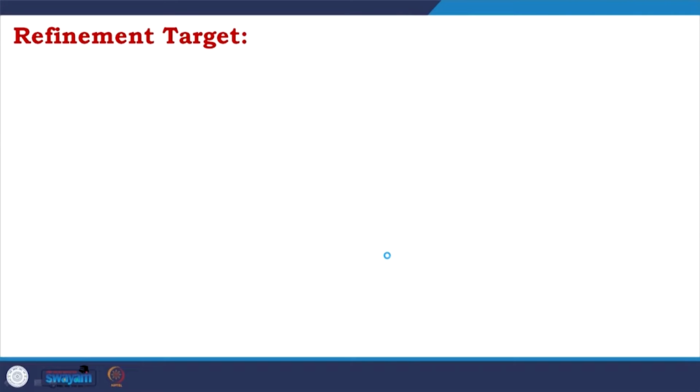Refinement target. Before that, you have to understand what is refinement. So, if you remember, we get our crystal, I am not going into details, we discussed that many times. So, we have the crystal and now you do the diffraction experiment, you get a diffraction pattern, right.